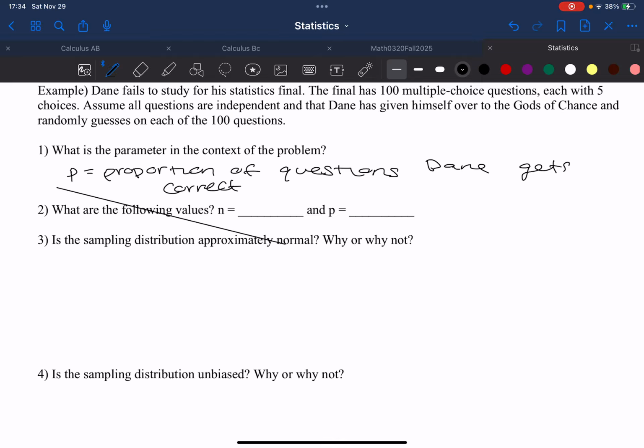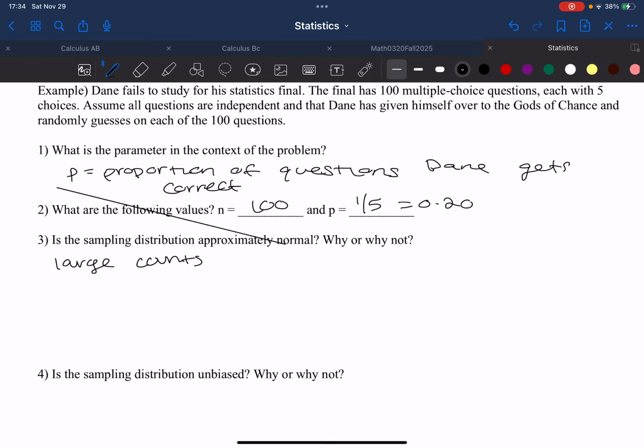Number 2 says, what are the following values? Well, n is the number of questions, so 100, and p is the probability of success, which is 1 out of 5, because there's 5 answer choices and one of them will be correct, which is 20%. It says, is the sampling distribution approximately normal? Why or why not? So we have to use large counts.